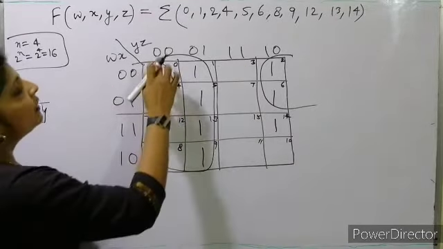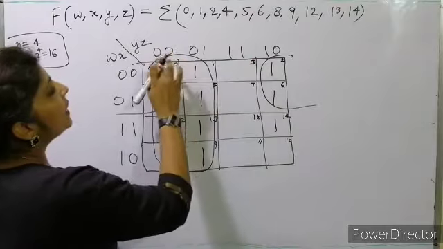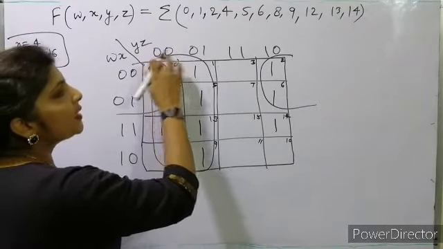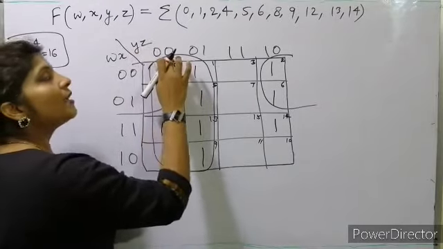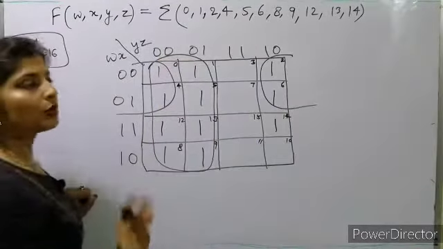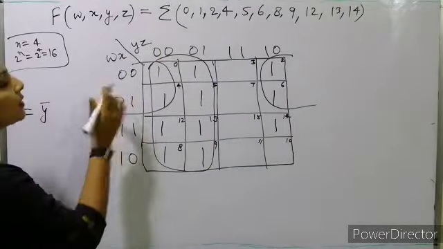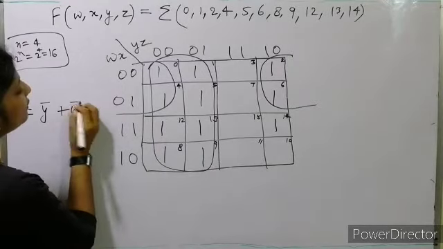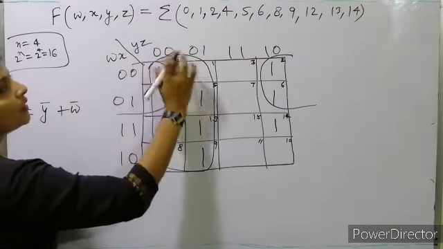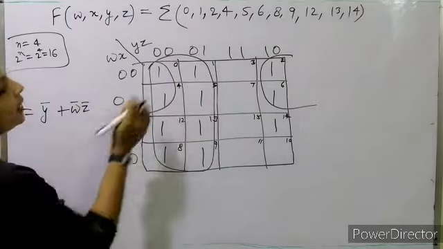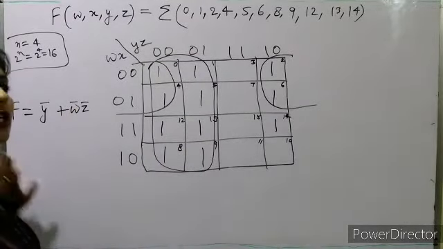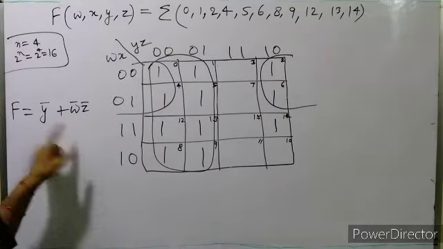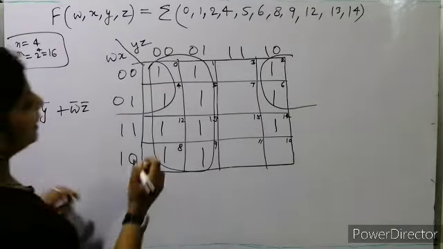Now what is common in this and this? In this, y's place has 0, in this y's place has 1, and z is 0, z is 0 in both. So what we can take is complement of w and complement of z, okay, because we have taken 4 at a time, meaning 2 variables will be missing, only 2 variables are there, their complements we can take.